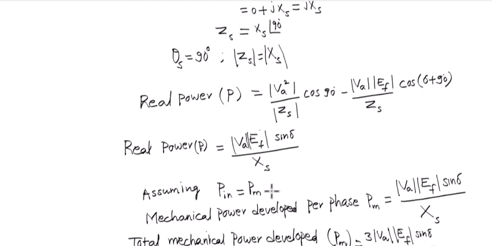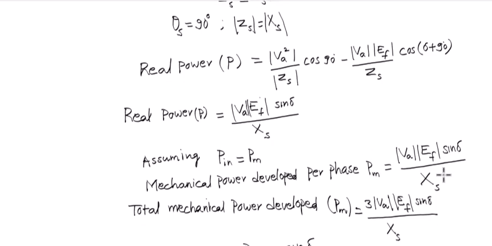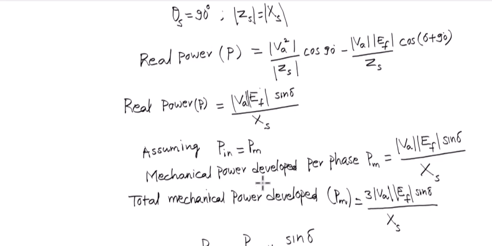In the synchronous motor, assume that the input power is equal to the mechanical power developed, assuming that the losses are negligible. In that case, mechanical power developed per phase Pm can be written as Va Ef sin delta by Xs. So this is per phase.